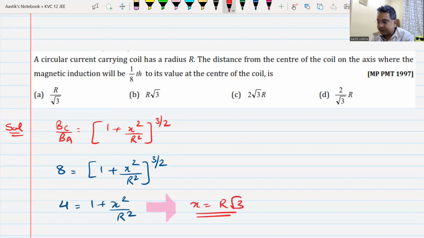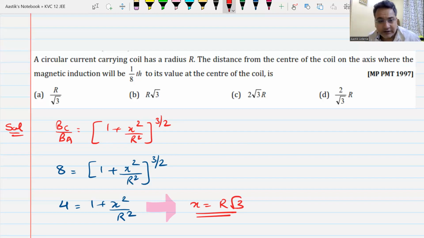Yes, sir. Okay, then. That finishes the question on the axis. If you just remember the formula, you can do any question on that circular axis loop.